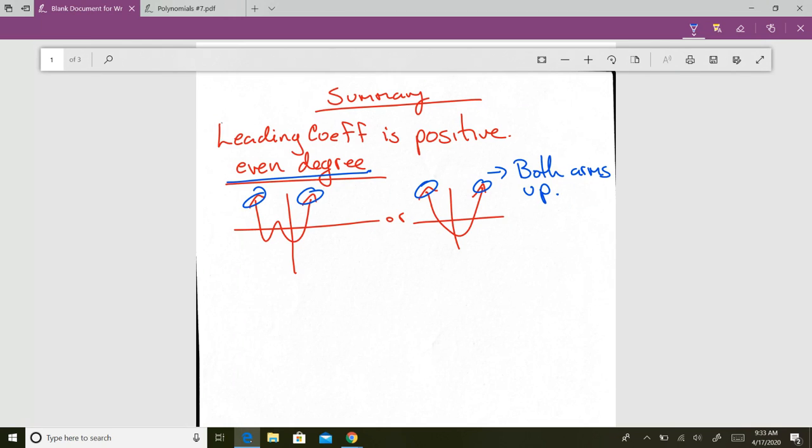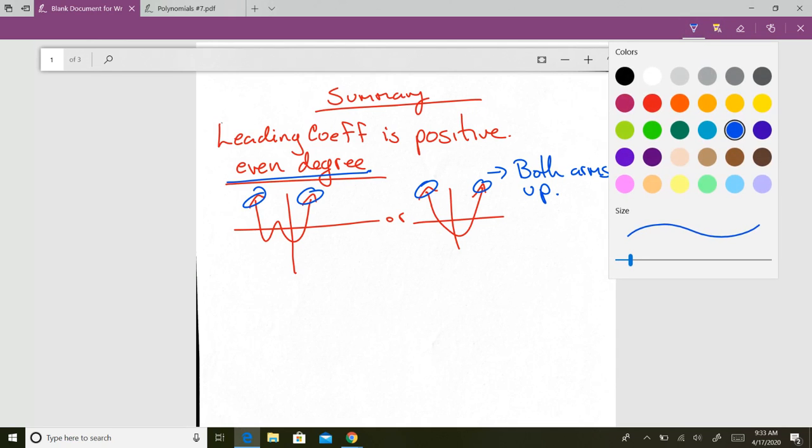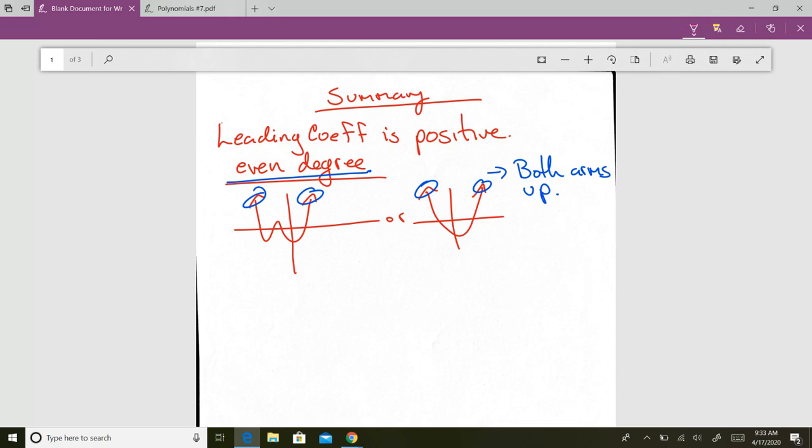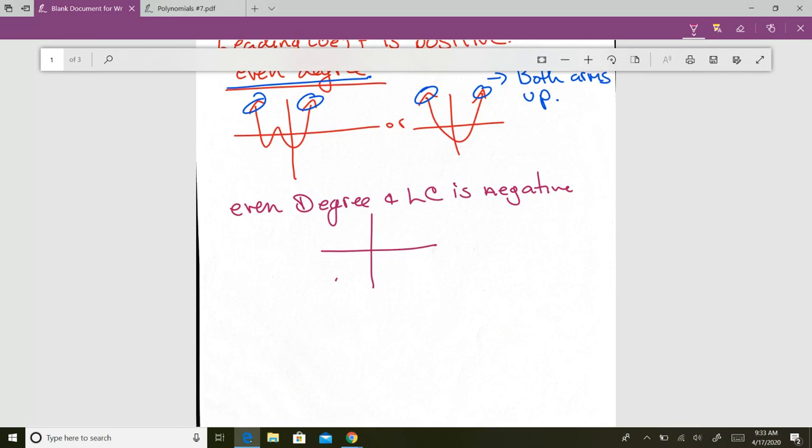If it's even degree and your leading coefficient, I'm going to shorthand leading coefficient as LC, is negative, so you've learned from the exercises that I assigned, both arms will be down.